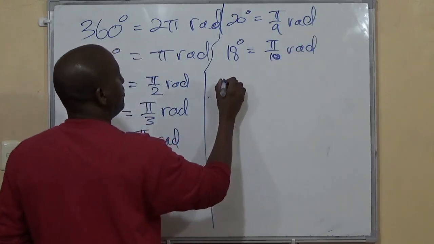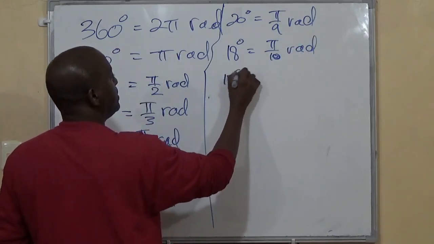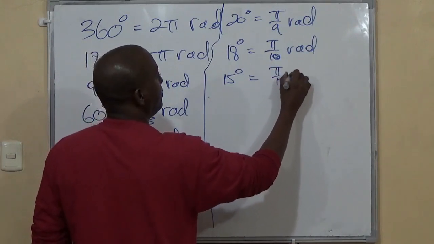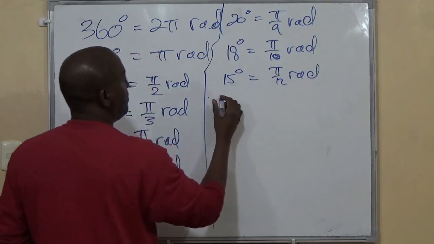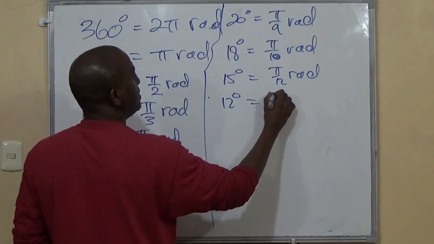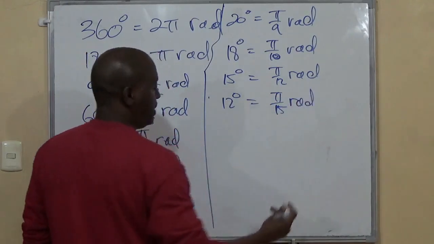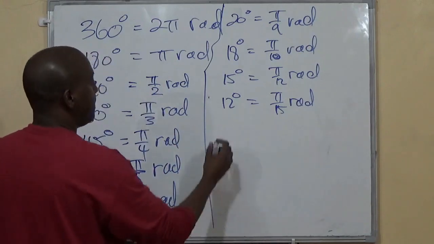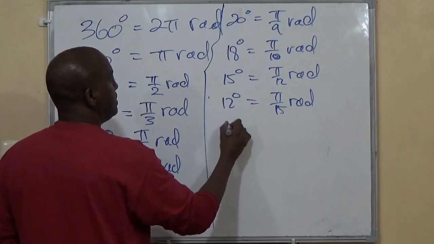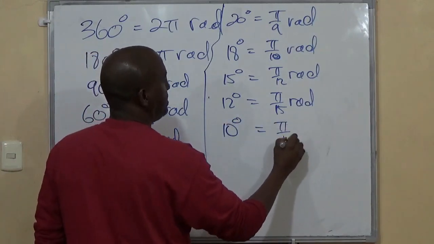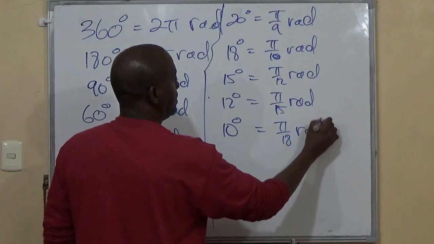We divide by 12. 15 degrees is equal to pi over 12 radians. We divide by 15. 12 degrees is equal to pi over 15 radians. We divide by 18. 10 degrees is equal to pi over 18 radians.